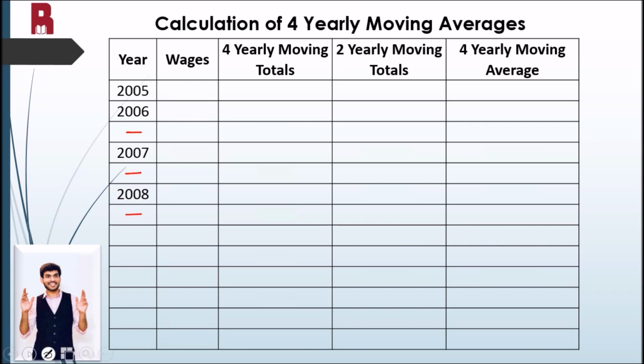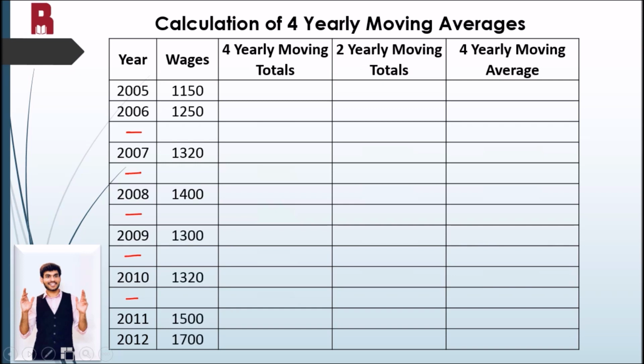Leaving another line, 2009. Leave another line, write 2010. Leave another line and finally write 2011 and 12 consecutively. Now for all the years we will write the corresponding wages right from 2005 to 2012.